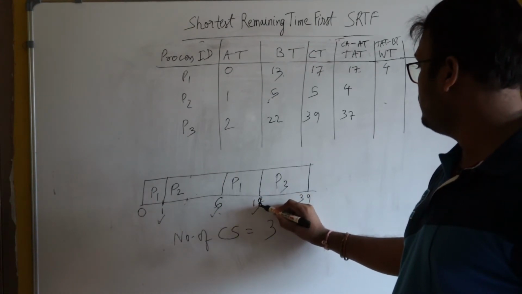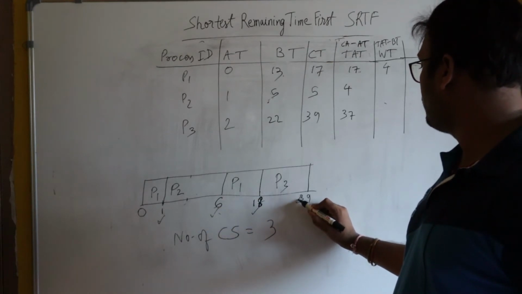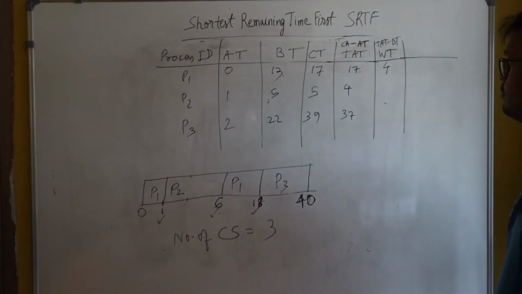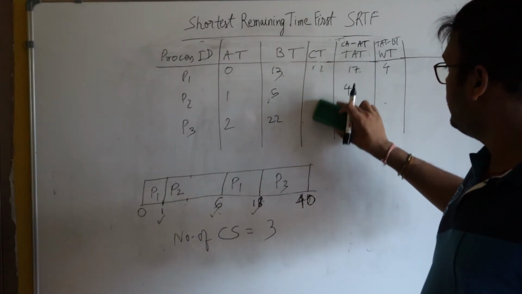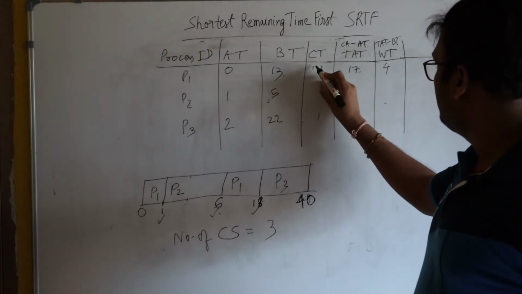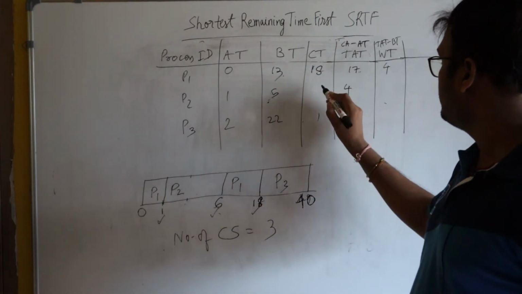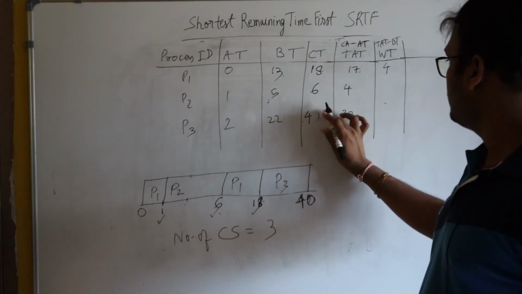Here it will be 18, and here it will be 40. So the completion time will change accordingly. Completion time of P1 will be 18, completion time of P2 will be 6, and completion time of P3 will be 40.